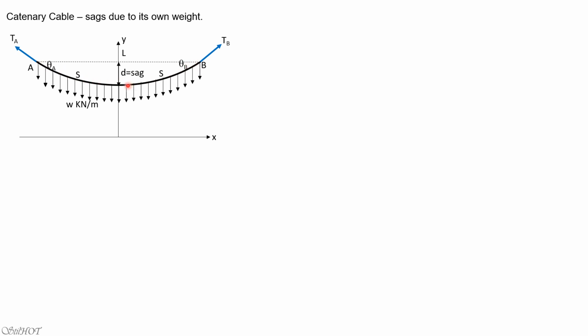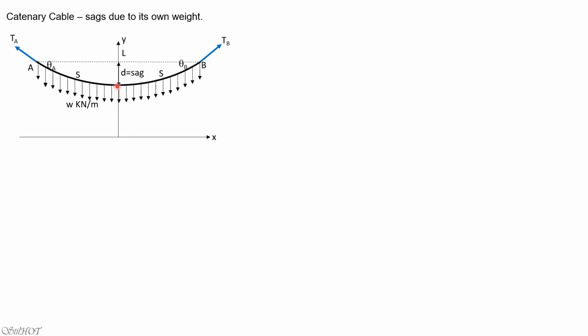We have the length of the cable, which is not that entire length. So we break this into S and S, theta A, theta B for a symmetrical catenary. Then the theta A and theta B will be equal, and the tensions are also equal. So take note that the x-axis is now below the lowest point on the cable, and the y-axis remains the same.